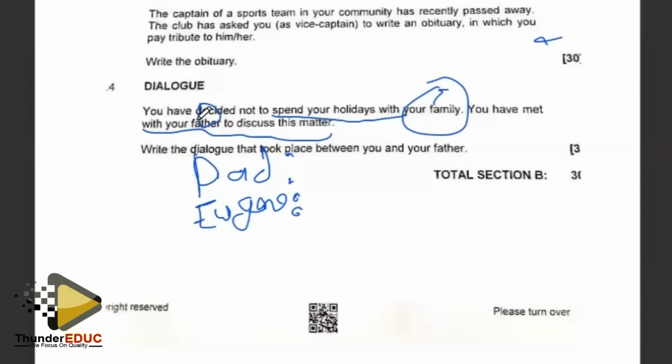Another point is that the writing needs to maintain focus, coherence, and content and ideas. So it needs to follow a certain structure. If it's an obituary, you need to follow the chronological order of things. If it is a dialogue, it also needs to be highly elaborated.